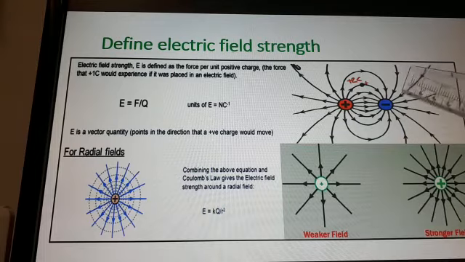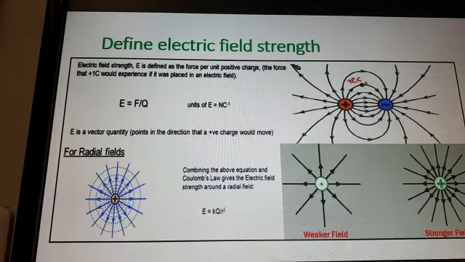Equal and opposite charges have field lines like this. So remember that the space between the lines indicates the strength of the field. A stronger field would have more closely spaced lines. Electric field strength is defined as the force per unit positive charge, and remember the equation also.